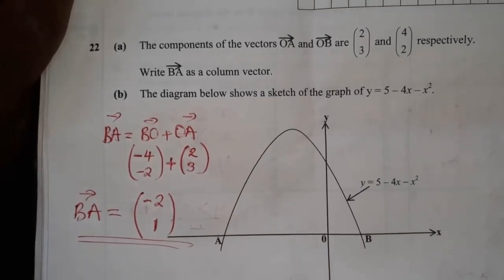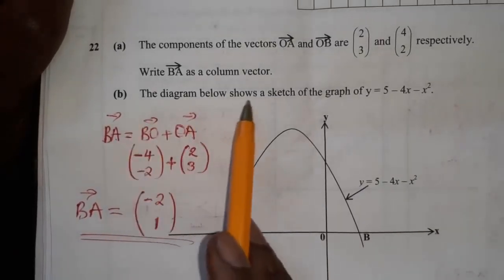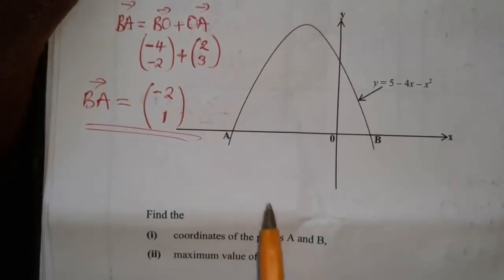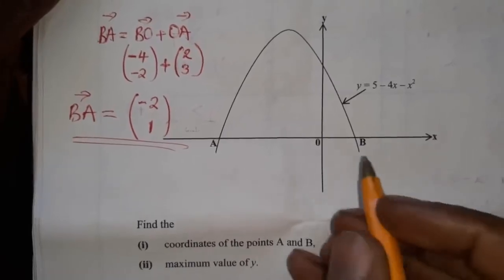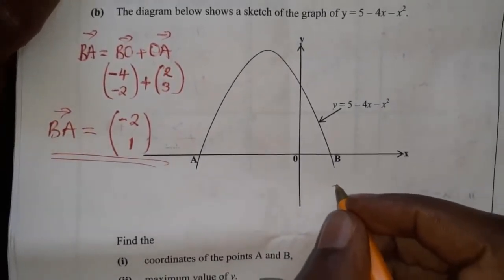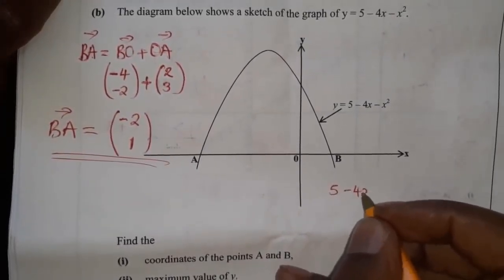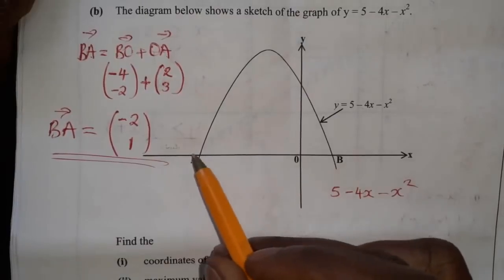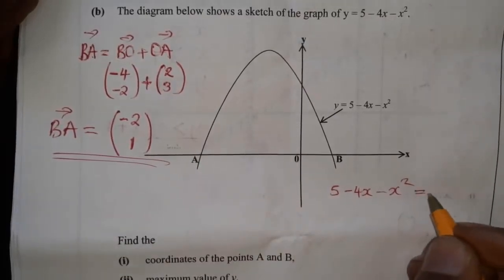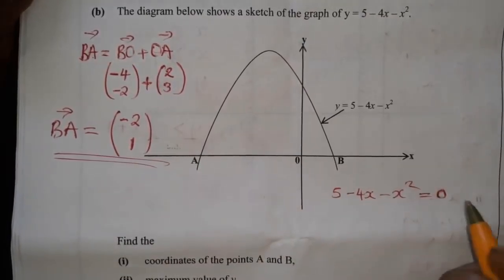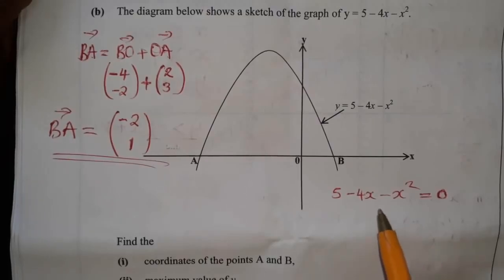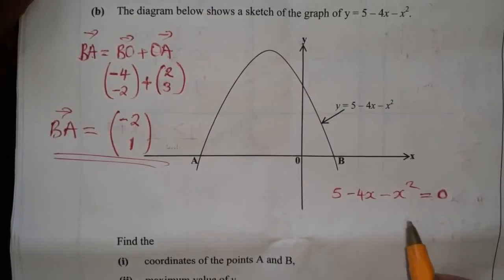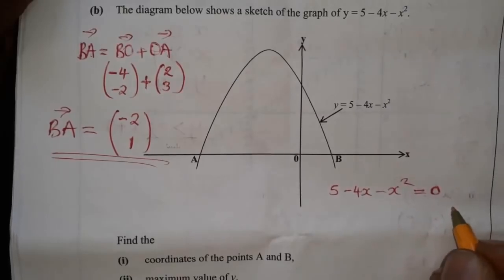All right. So we come to B now. The diagram below shows the sketch of the curve. Find the coordinates of A and the coordinates of B. Okay, so we have 5 minus 4x squared. Now the y coordinate along the x-axis is equal to 0. Then we solve this as a quadratic equation. What is our product?